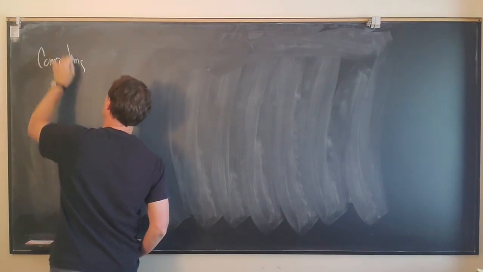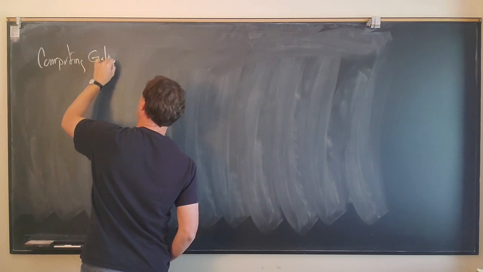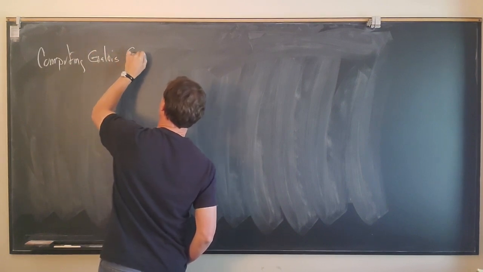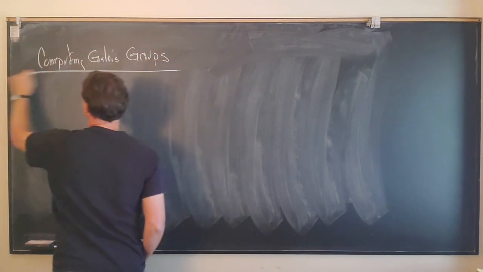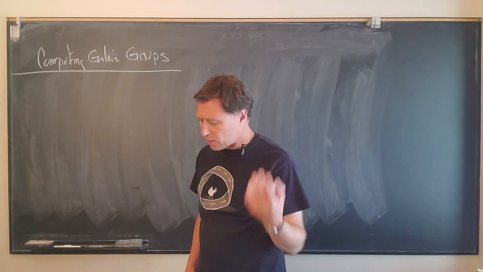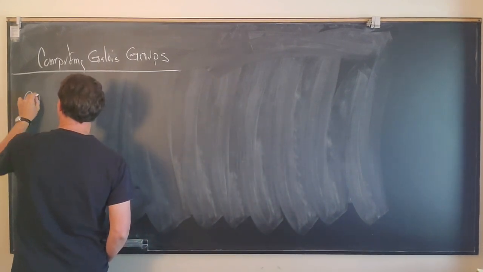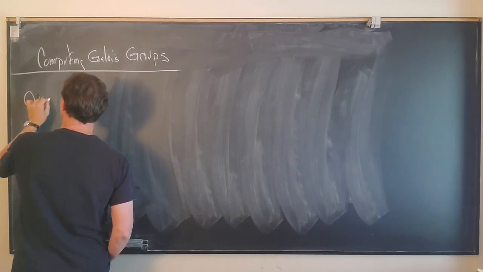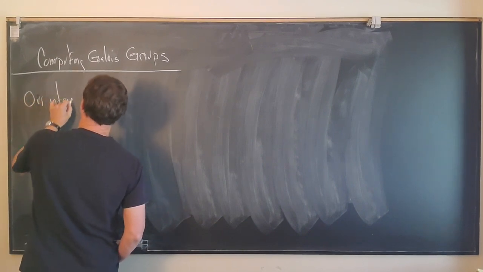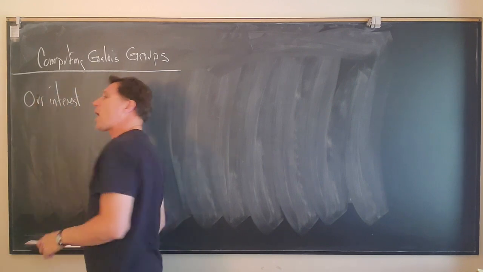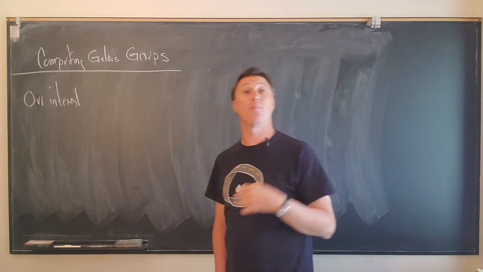So computing Galois groups. A little bit of lead-in. So what we're going to be interested in, when we compute Galois groups, we're going to be computing Galois groups of polynomials.